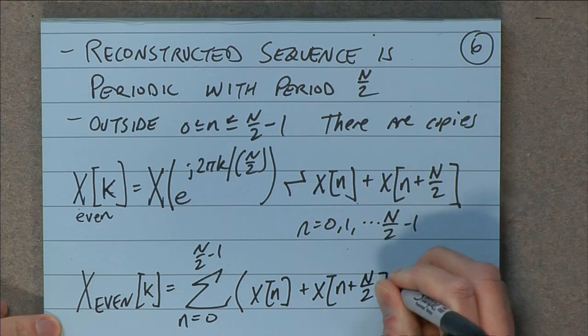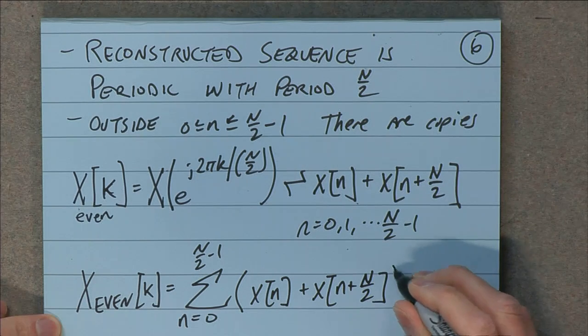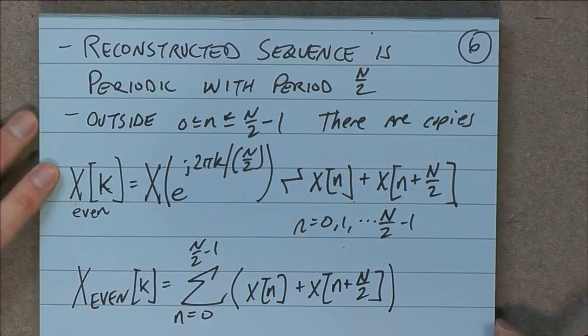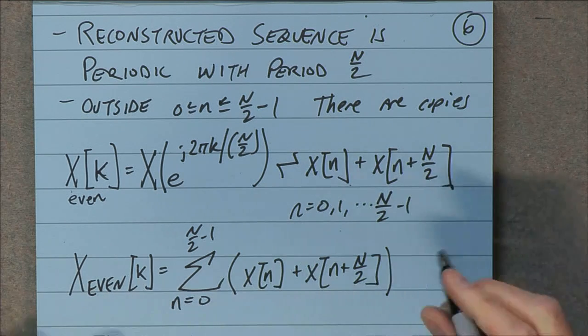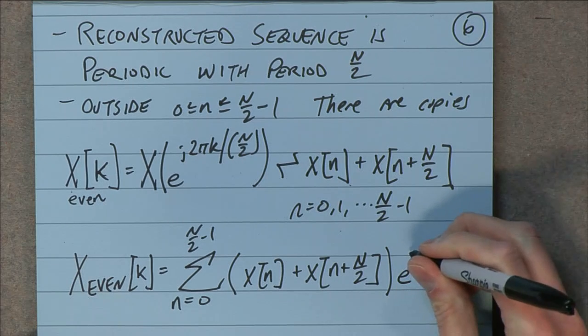Sometimes this is referred to as data folding, because in some applications, some people found that they can get almost the same performance with an FFT half the size, because they can just fold the data on itself and take a smaller FFT and still do what they need to do.